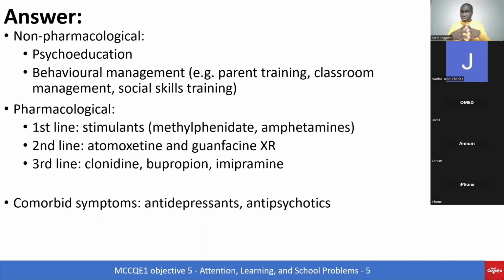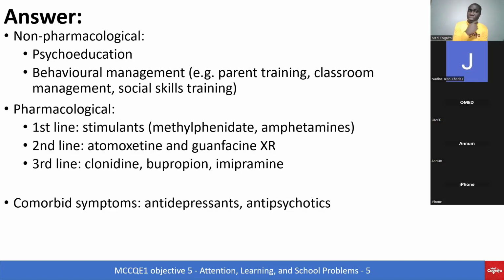Psychoeducation is your non-pharmacologic approach. And after that, I'm going to show you something in relation to the number 6. And you can also have behavioral management, parental training, classroom management, social skills training. So these are the non-pharmacologic options.